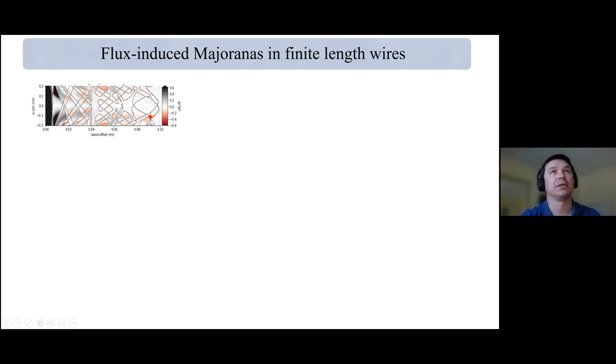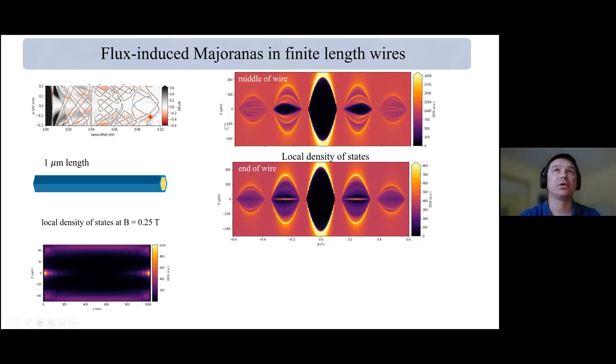Tunability is limited, but the upside is that the wire is covered by the superconductor, so we're not as sensitive to charge disorder in the environment as in the other proposals. And so when we do the simulations for reasonable physical parameters, and this is the point that we've chosen for simulations, we see this picture.